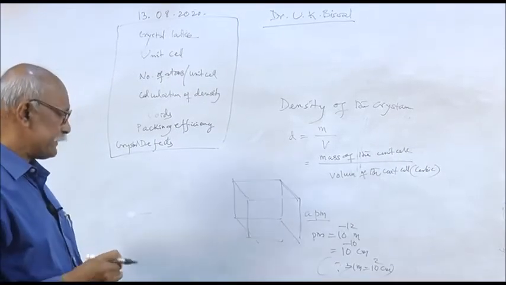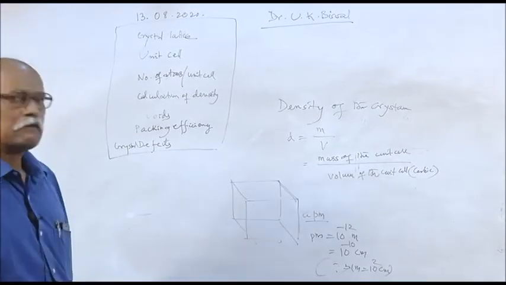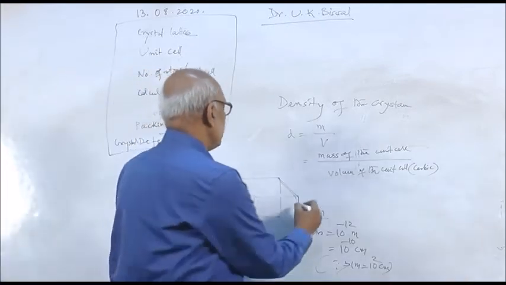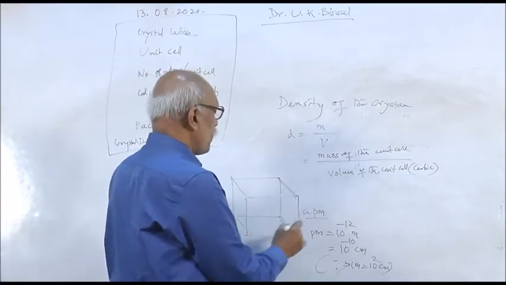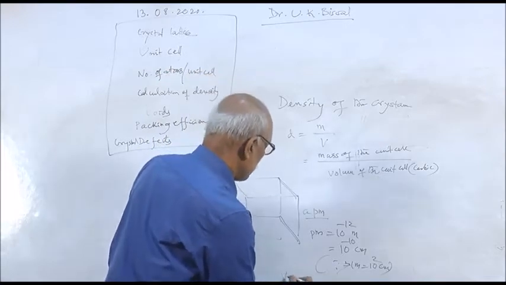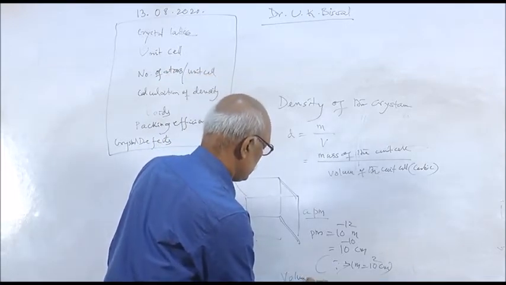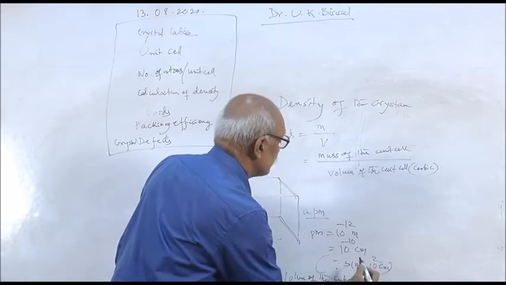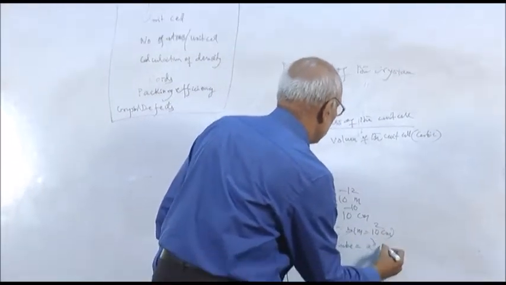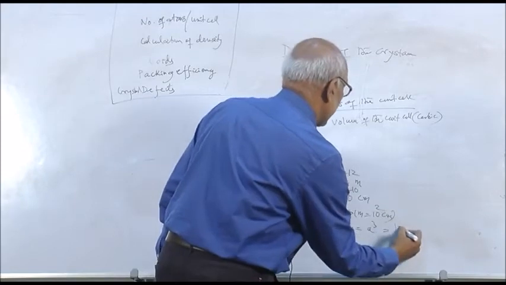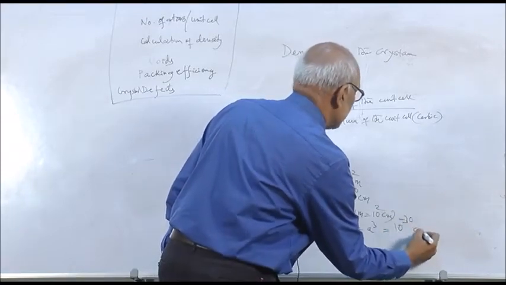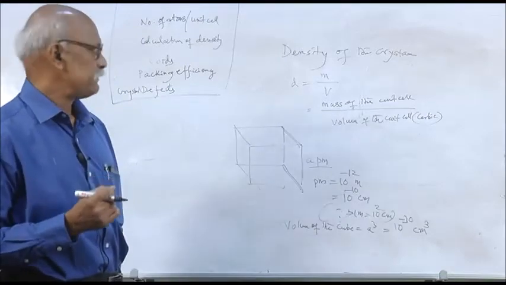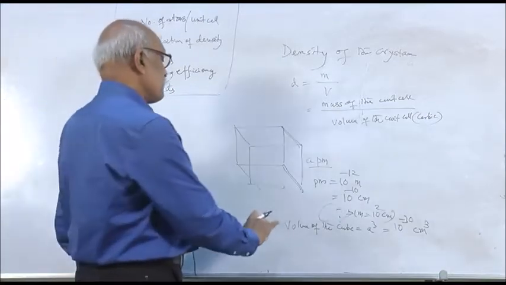So the meter can be converted into centimeter. Then, with this edge length, the volume of the cubic unit cell is a cubed, equal to 10 to the power minus 30 centimeter cube. So this is our volume.